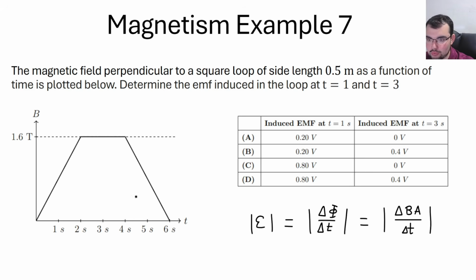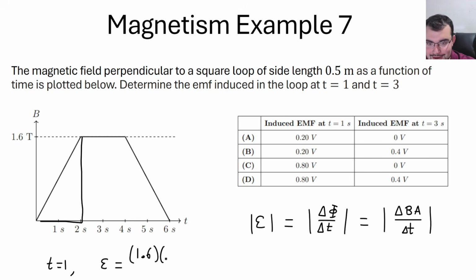So at t equals 1, that's right here. So this is the linear slope part. So at t equals 1, the EMF would be, well, what's my change in B field? Well, my B field increases by 1.6 Tesla.